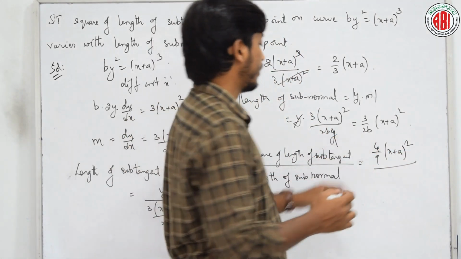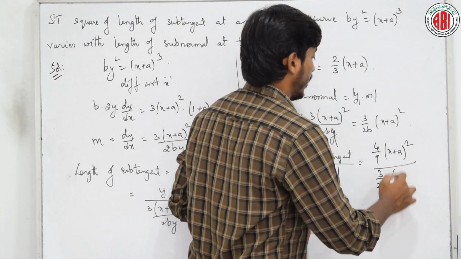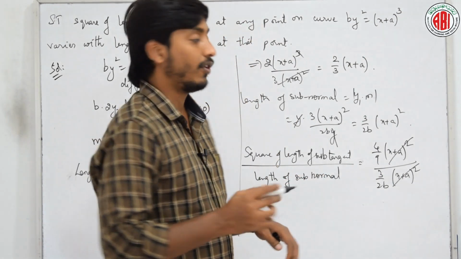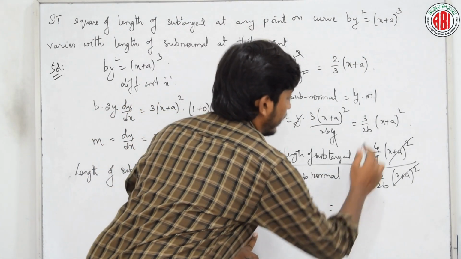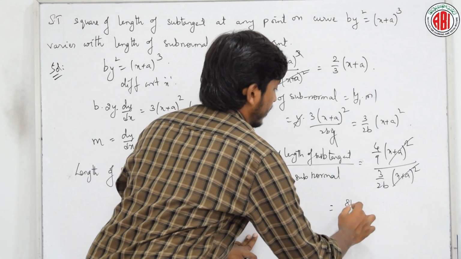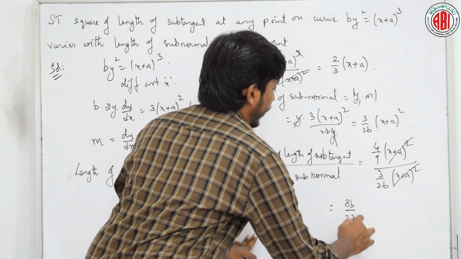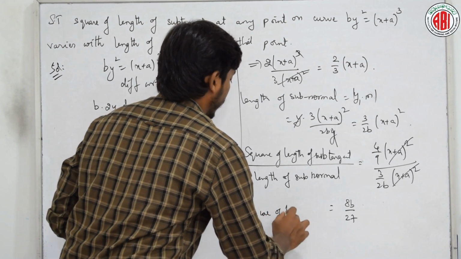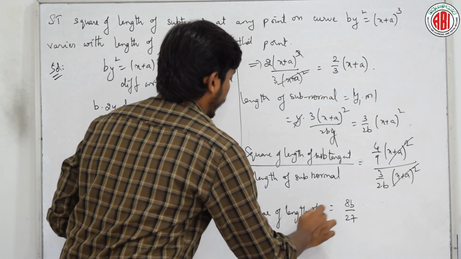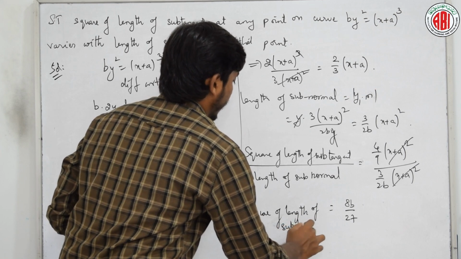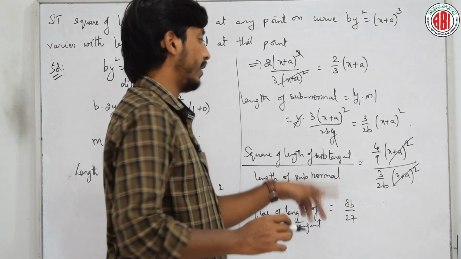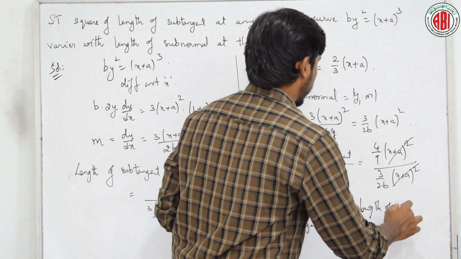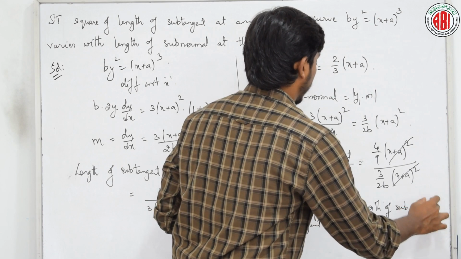Okay. What about this? 3 by 2b into x plus a whole square. If you observe, these both will get cancelled. What do we get? I get it as this will go to numerator, that is 8b by 27. Square of length of subtangent is equal to 8b by 27 into length of subnormal.